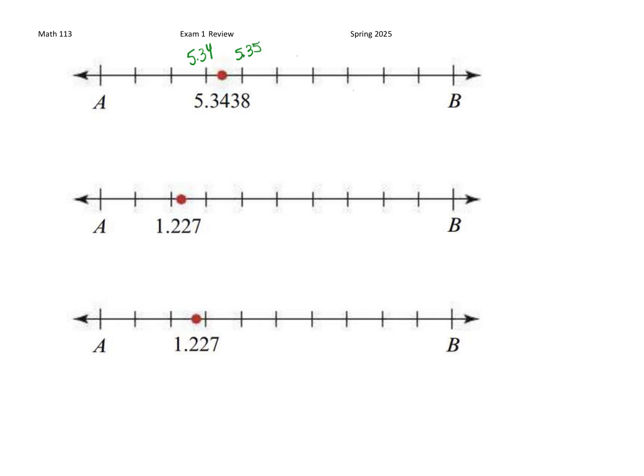Okay, because 5.3438 is between 5.34 and 5.35, and it is this 38 on the end that is about a third. So it's about a third of the way to 5.35.